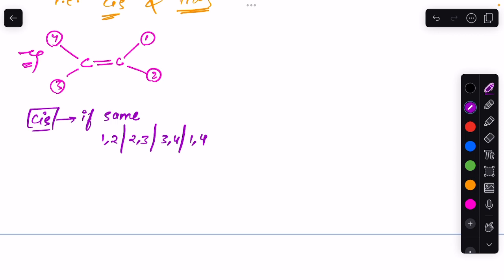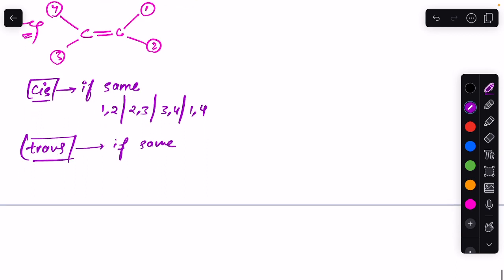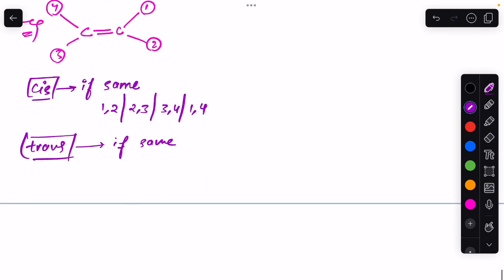Such arrangements would be cis, whereas in case of trans, if the same group or atom is present at 1 and 3, or 2 and 4. There are only two cases in case of trans.